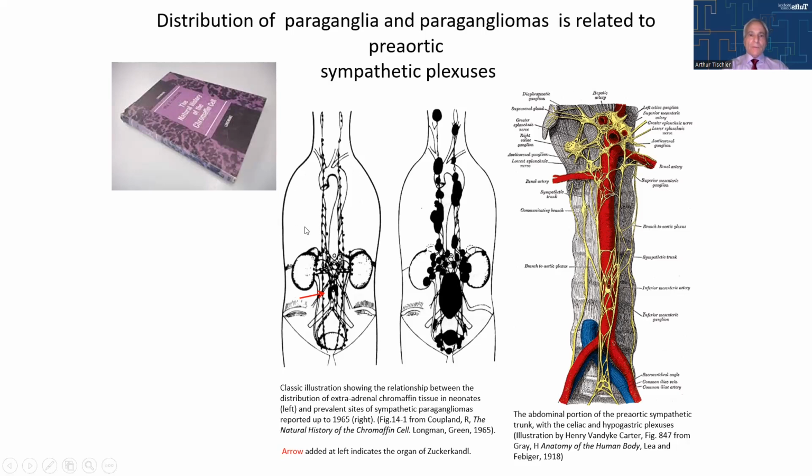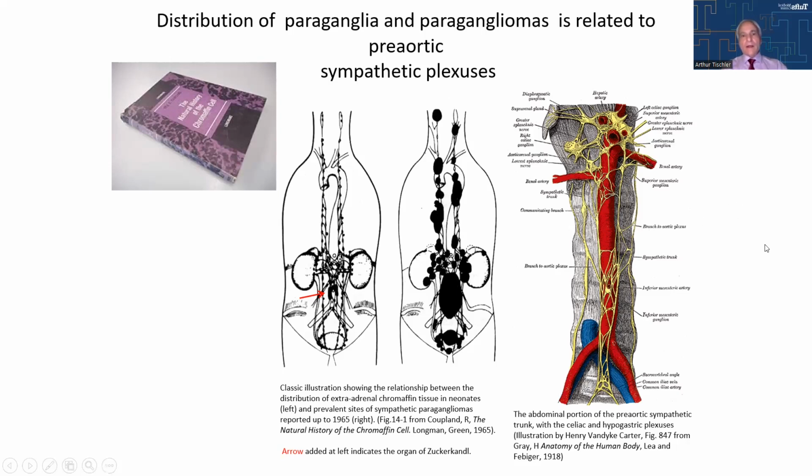Copeland mapped the distribution of chromaffin cells throughout the body, as Alfred Kohn had done. And he next mapped the distribution of tumors of chromaffin cells that had been reported up to that time. And he found that this distribution pretty precisely correlated with the distribution of normal chromaffin tissue, establishing the distribution of pheochromocytomas and paragangliomas that we know to this day.